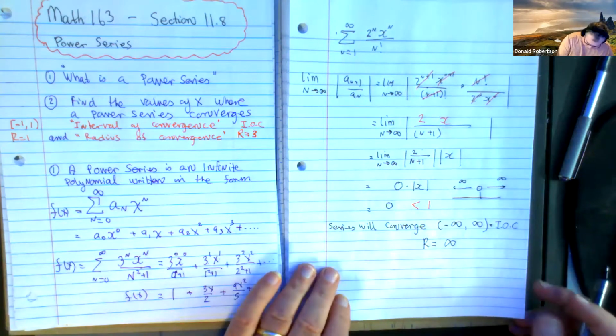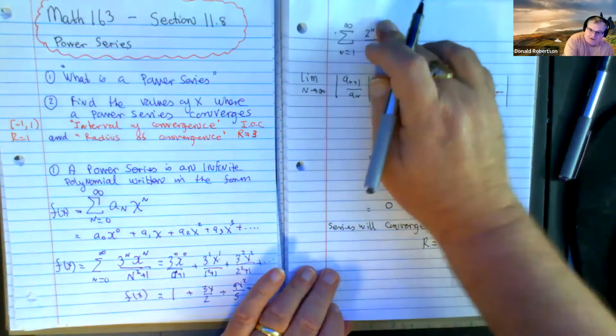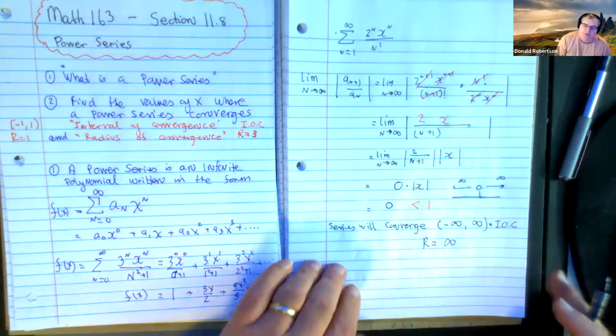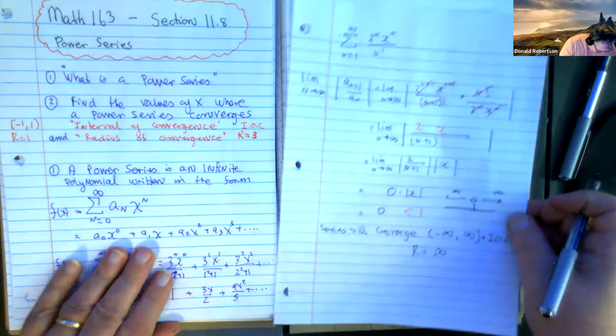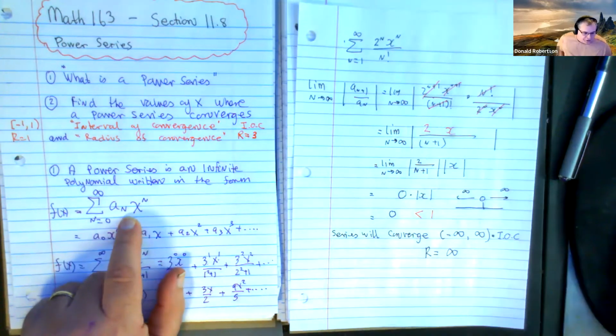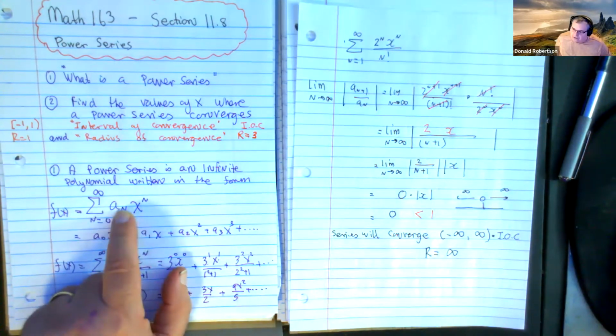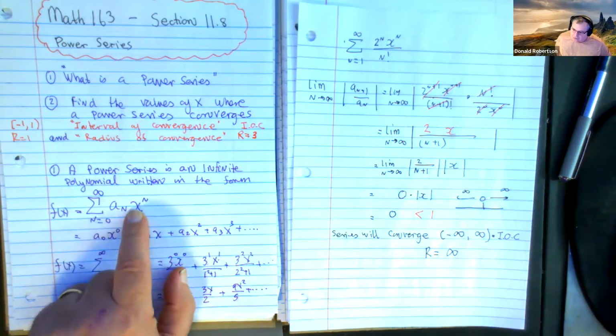Now that was a special case, right? And by that I just mean you got an interesting, easy to deal with answer. Let's show you the other special case, which is also interesting because it reduces your workload. And before I do that, if you have a power series that's written like this, if x is 0, it's guaranteed to converge.